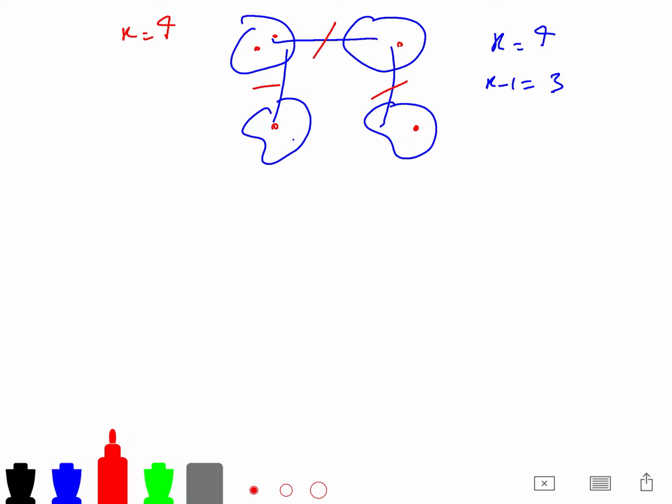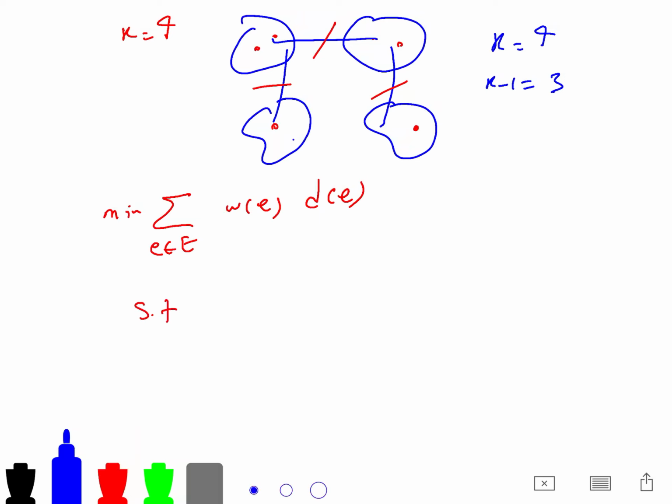So that's why you understand why we want to minimize the sum of w of e d of e for any edge in your edges, such that the sum of the d of e, for example this one, so there are 3 of them.